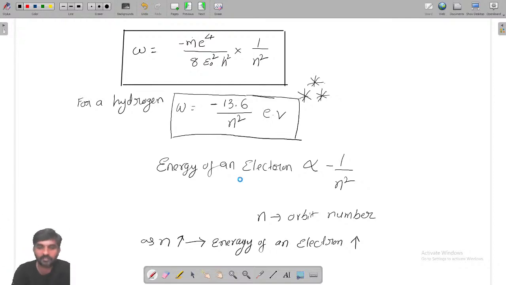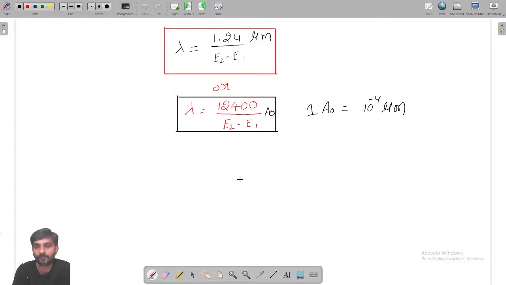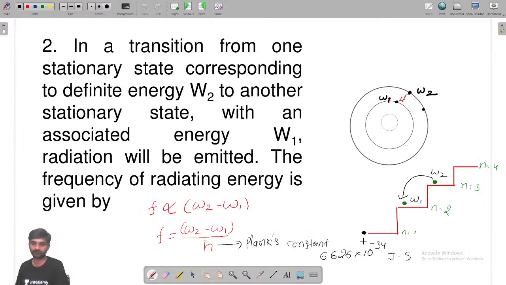If you go and see this one, for n equal to 1 you have the lowest energy level. So as n is increasing, energy is increasing. So what does it mean? You are trying to move away from the nucleus.